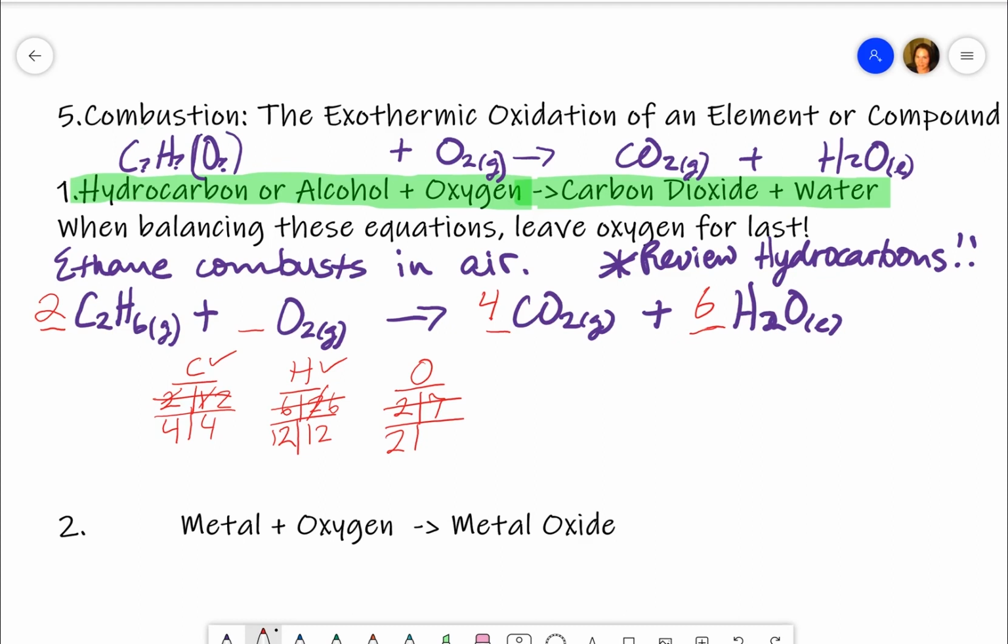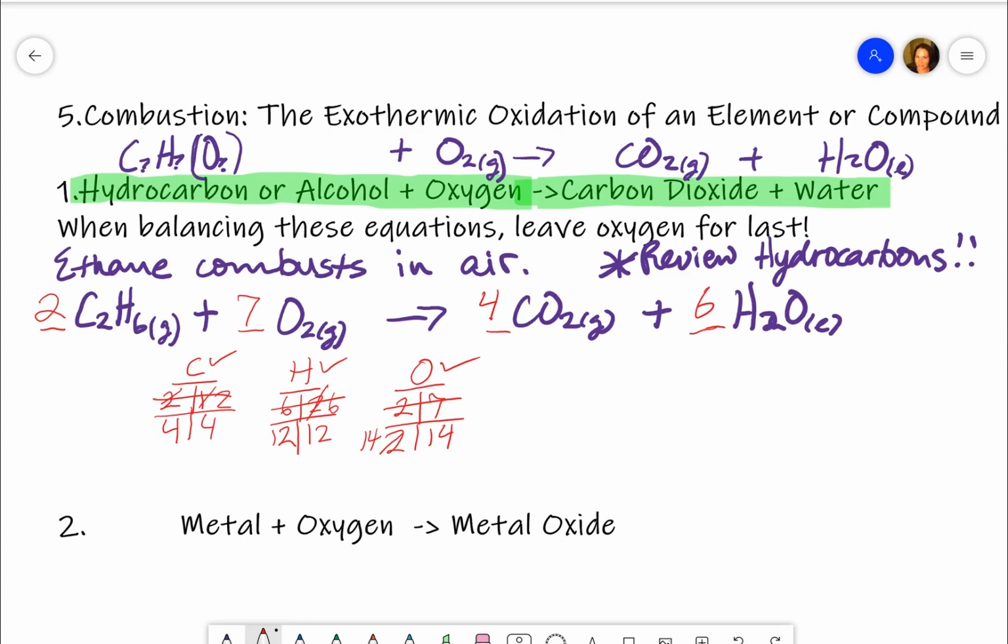So 8 plus 6 will give me 14. Now, what do I put in front of oxygen to turn it into 14 on the left side? I'm going to have to put a 7, which will give me 14 on the left, and now it's balanced, okay?